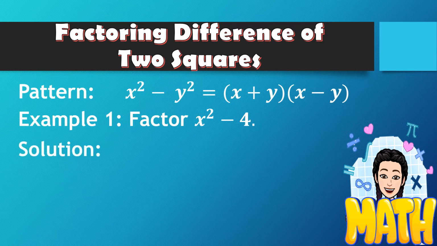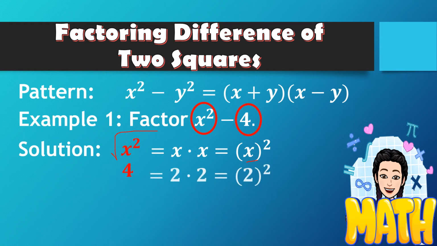Let's check if x squared is a perfect square. So x squared is equal to x times x, meaning the square root of x squared is x, while 4 is equal to 2 times 2.